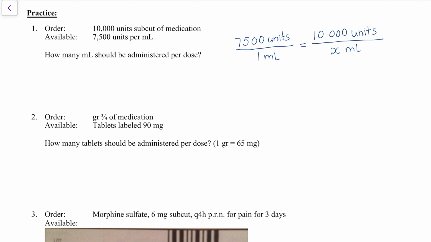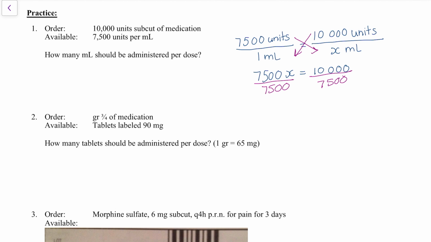So now we are going to cross multiply, and we get 7,500x equals 10,000. And then to get the x by itself, we're going to divide by 7,500.